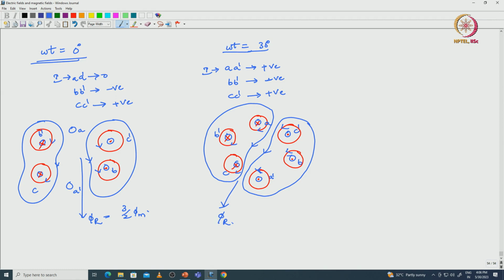Okay. So if someone wants to analyze this kind of magnetic field with vector analysis, first consider the reference vectors with respect to phi A, like A phase conductors, B phase conductors and C phase conductors. With respect to the A phase conductors, this is A and A dash, and then with respect to the B phase conductors and the C phase conductors.